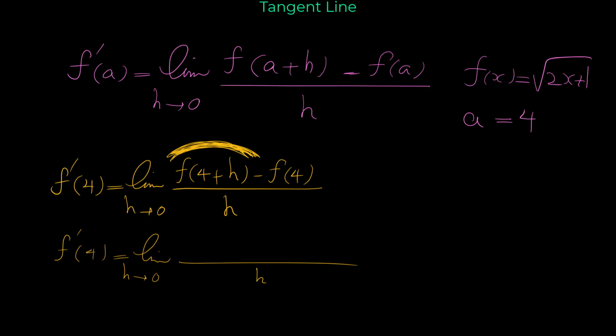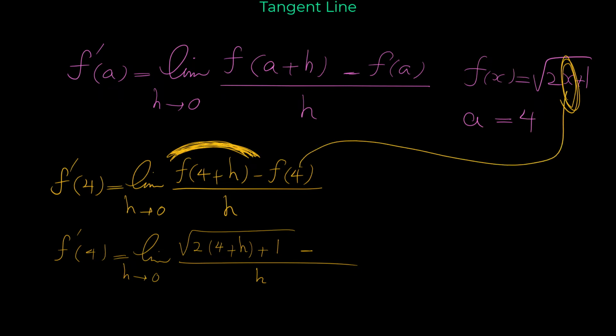Now we want f of 4 plus h. So replace the x here with 4 plus h. So what is f of 4 plus h? It equals radical 2 times 4 plus h plus 1, minus f of 4.